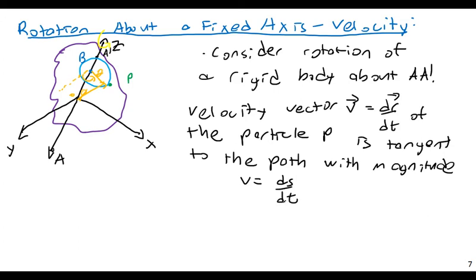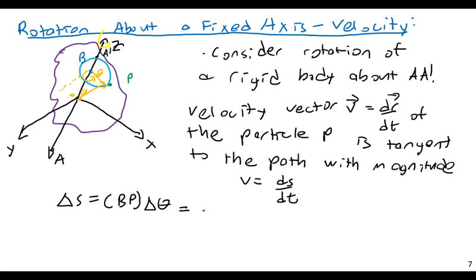And if you've seen s before in this class or others, of course s means arc length. So delta s is going to be equal to BP, the distance from B to P, times delta theta. In other words, just r theta.